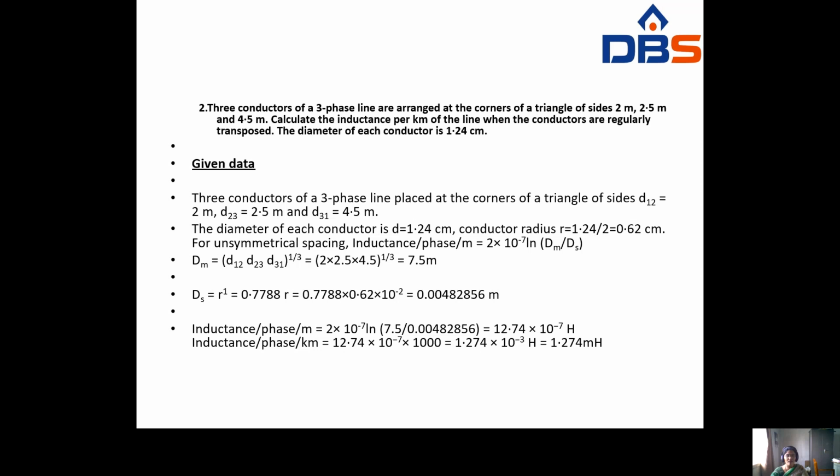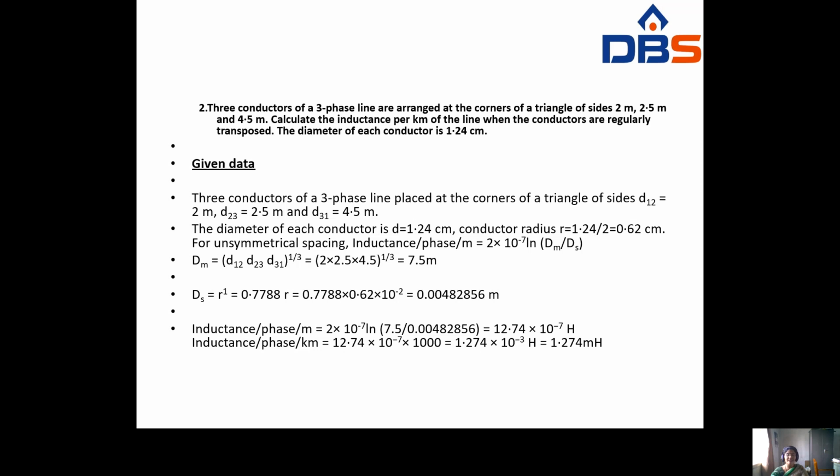What are the values in the problem? D12 is 2 meters, D23 is 2.5 meters, and D31 is 4.5 meters. Multiply them all and take the cube root. Solving this, the mutual GMD value will be 7.5 meters.